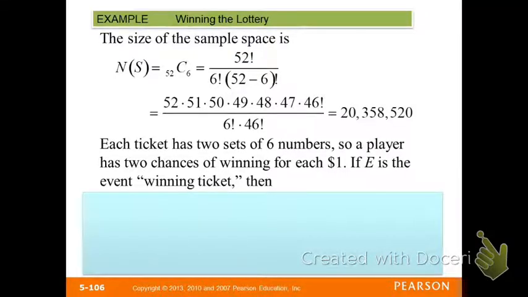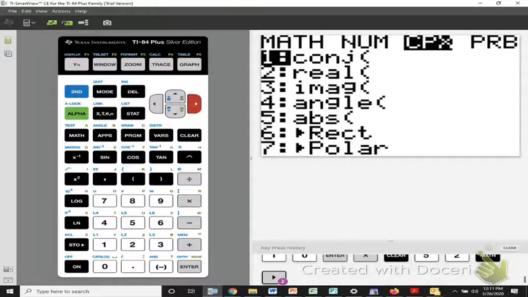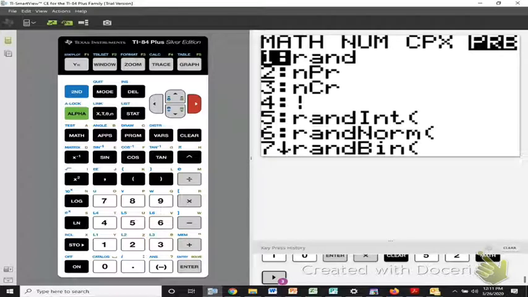And again, this would be a calculator thing. You would put this in your calculator. Actually, let's just make sure that y'all remember how to do that. So 52 objects taken 6 at a time. We need a combination, which is under math, probability, 3.